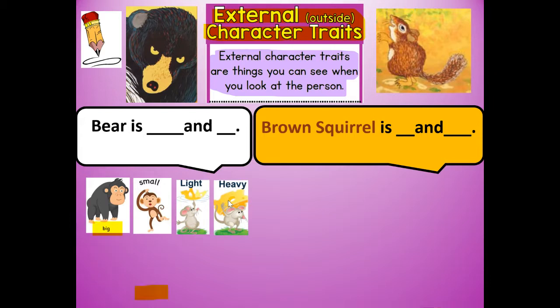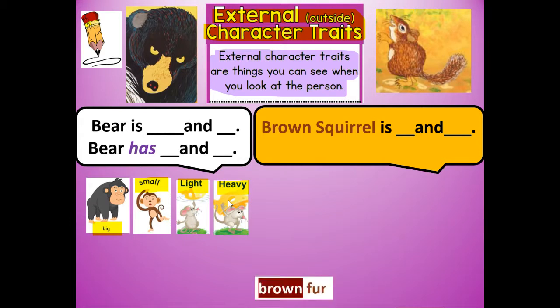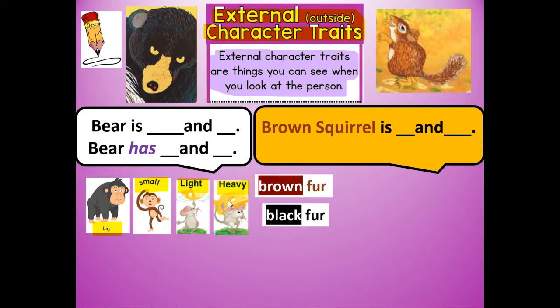Now, we've already done big or small, light or heavy. Bear has blank and blank. So, does bear have brown fur or black fur? So you are going to decide brown or black. Bear has black fur.